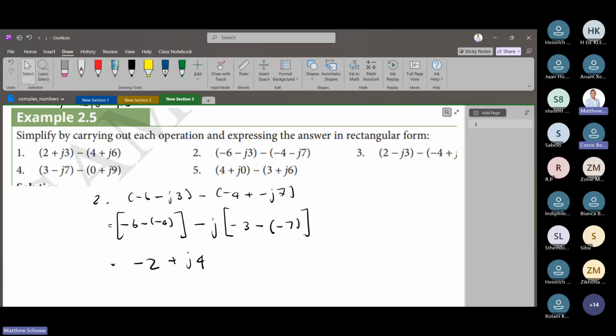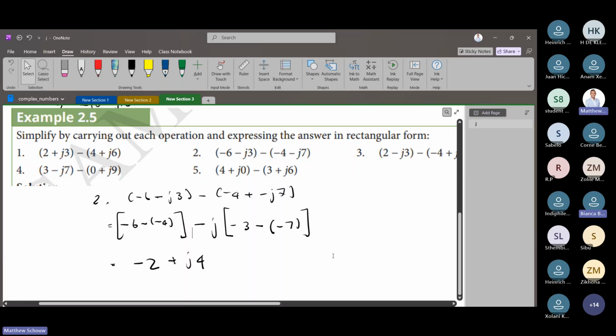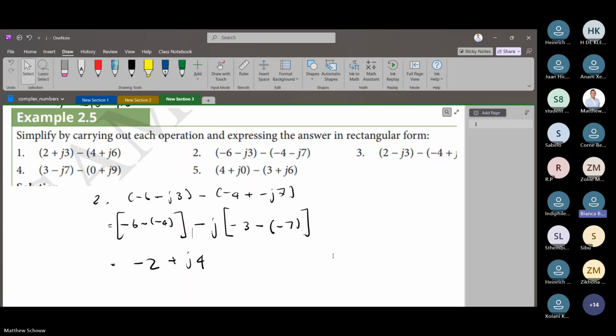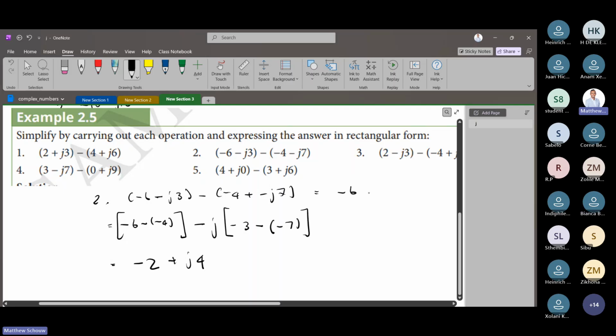But I think that's not right. Well, listen, I just find it easier to rewrite it or write it after the minus, just to finish it off. Then it would be -6 minus j3, and then obviously +4 plus j7, and then all the signs are correct. Yeah, you can do that as well.